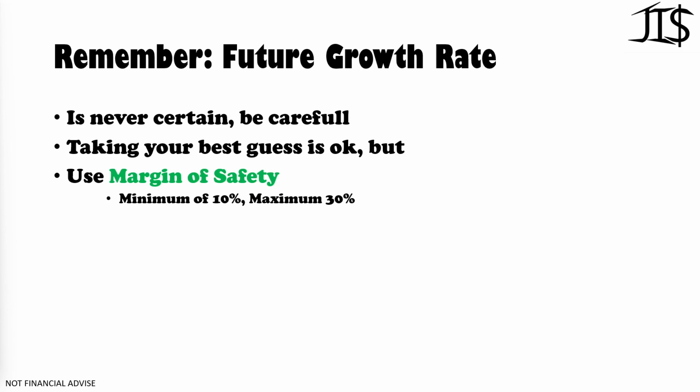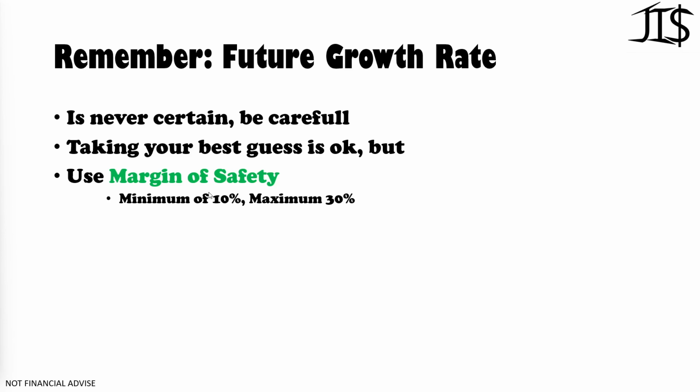And you are also going to use a margin of safety on the valuation that you are calculating for the stock, with a minimum of 10% there as well. When you add those margins of safety up, it's getting harder and harder to find stocks that you can actually buy. So don't go too high here.